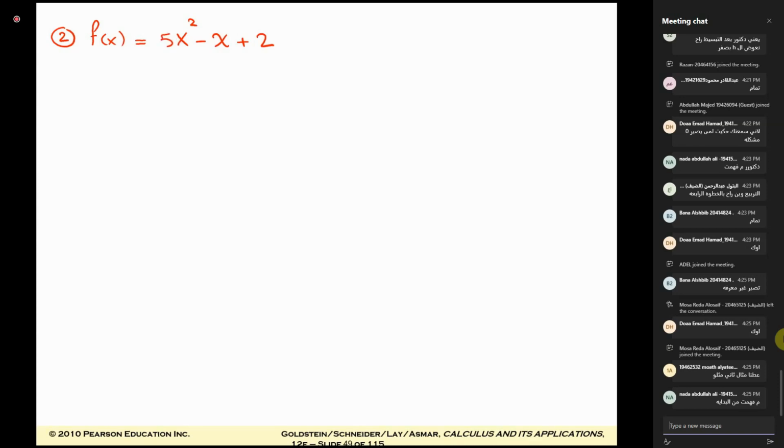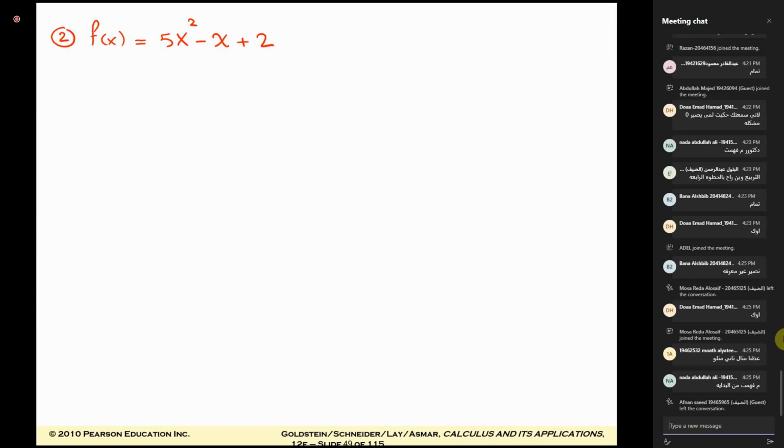This is the derivative, so you already have the final answer. You can find the final answer directly. F prime equal 10x minus 1. Okay, we know that, but we need to find that by the definition.